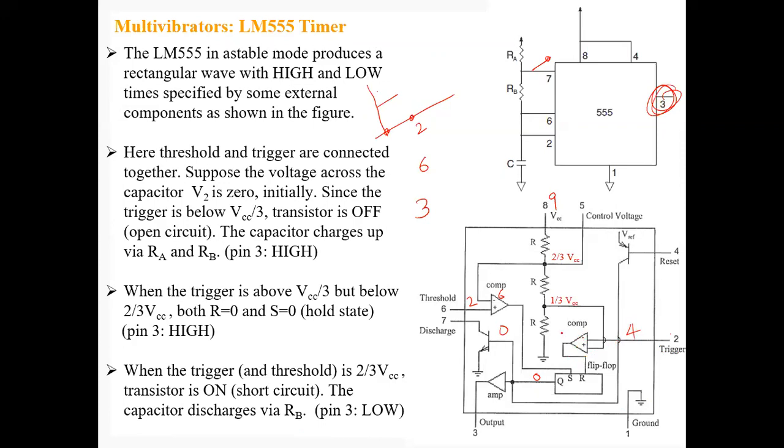This is 3, right? This is 4. You get 0 and you have 4 here too. So this is also 0. So it holds the state all the way to 6. It holds the state.